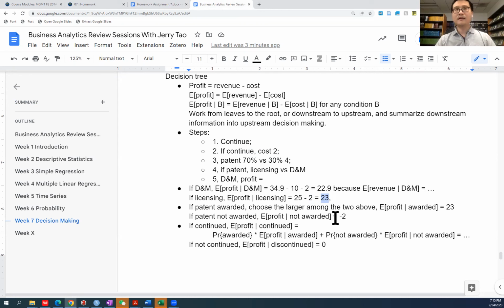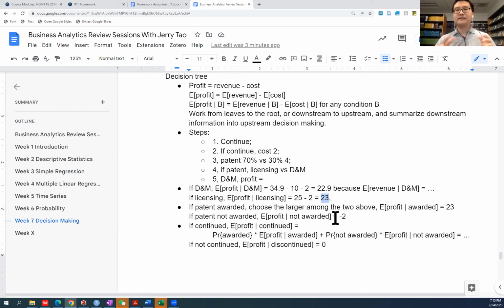So these two are the most downstream decision. So between these two, we need to make a choice. Which of these two are higher? Obviously, it appears licensing gets a slightly higher profit.